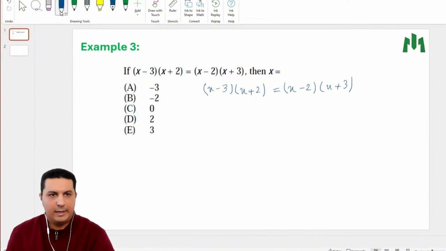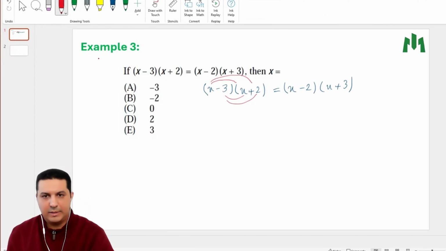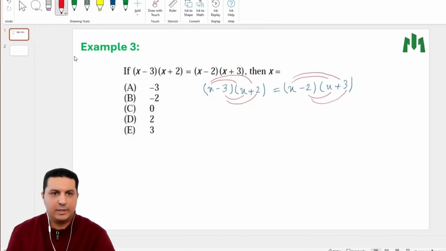So I can multiply these two together, and this part is the same. I can do this. So let's take a look.